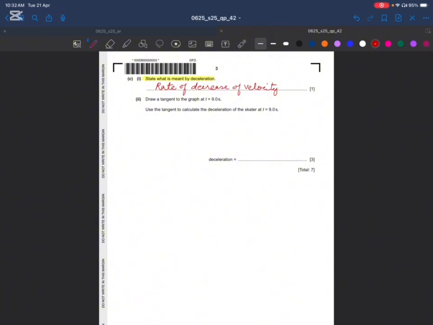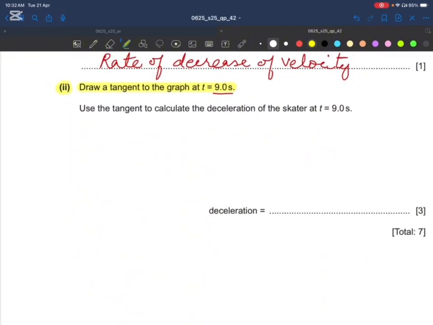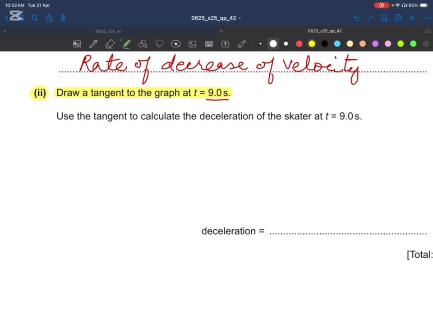Okay. Draw a tangent to the graph at time t is equal to 9 seconds. In part 2, what the question is saying, draw a tangent to the graph at time t is equal to 9 second. Use the tangent to calculate the deceleration of the scatter at 9 second.